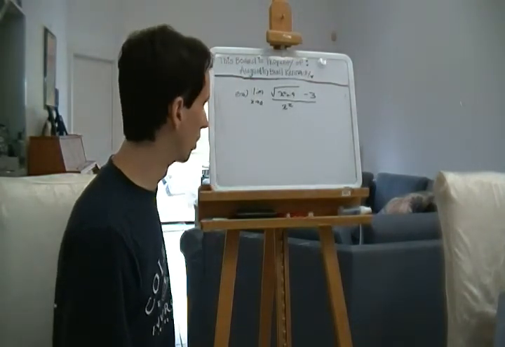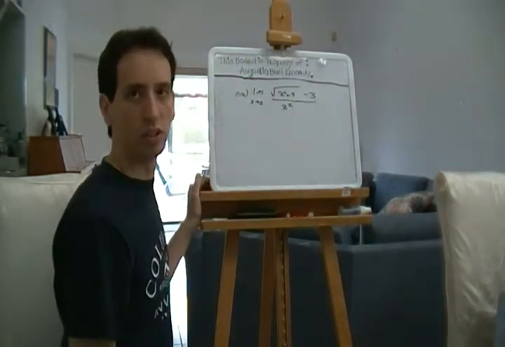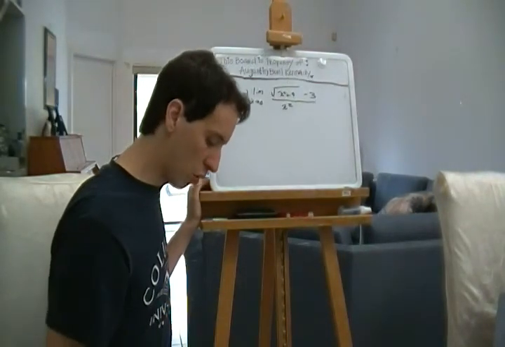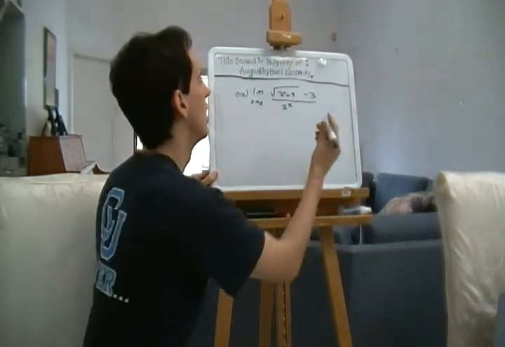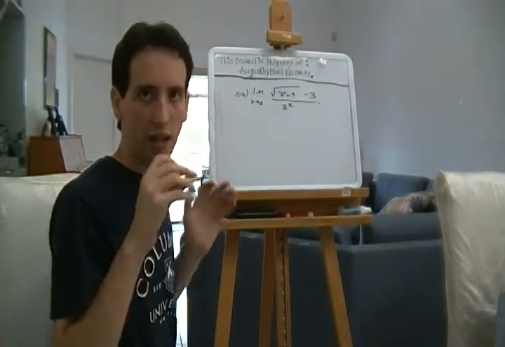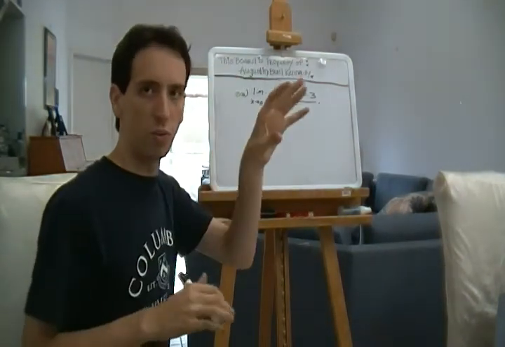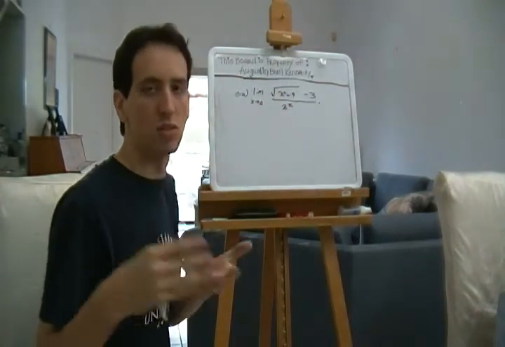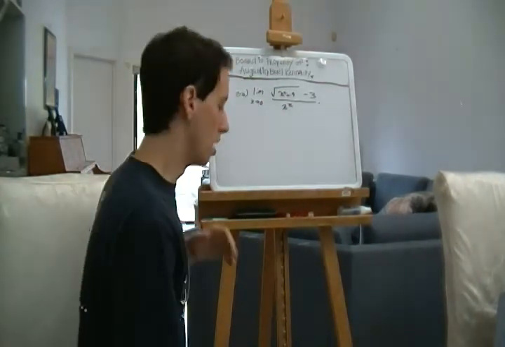All we need to do is get rid of the radical in the numerator. And the way to do that is to multiply both sides by the same thing. Remember, in algebra, you can multiply the numerator and the denominator by the same thing. It's essentially multiplying by 1.